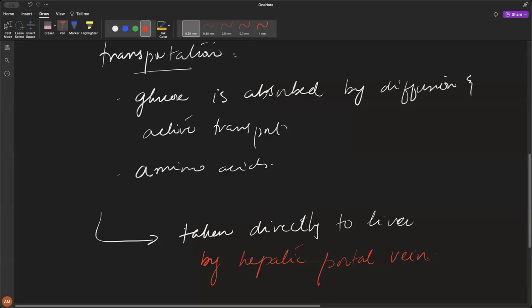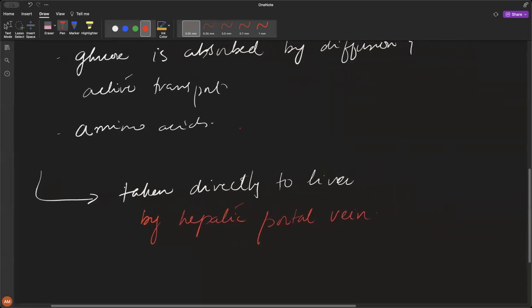Hepatic portal vein only takes from your small intestine to the liver.